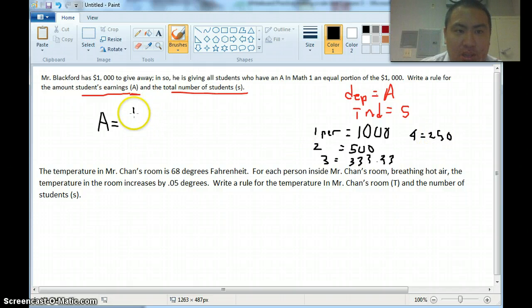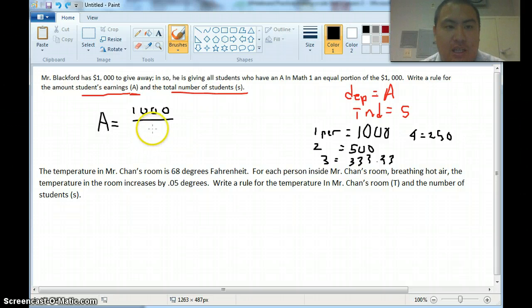But I have $1,000, and I seem to be splitting it by the number of people there are, right? If I had $1,000, one person would get 1,000, 2 people would get 500, 3 would get 333, 4 people would get 250.